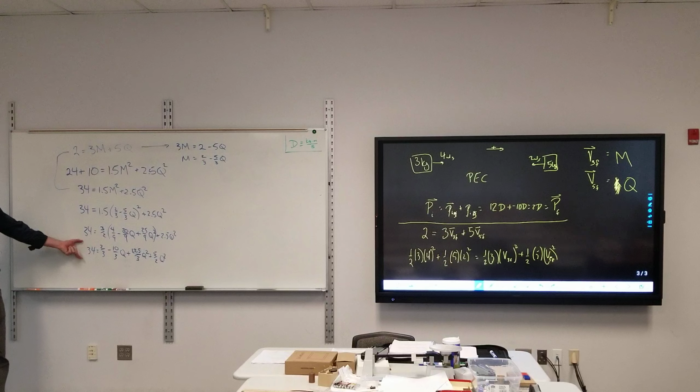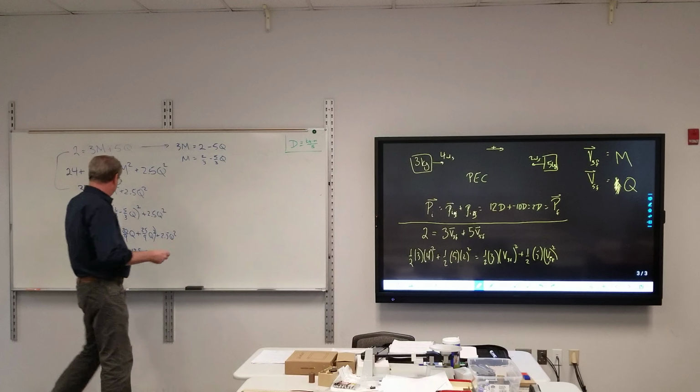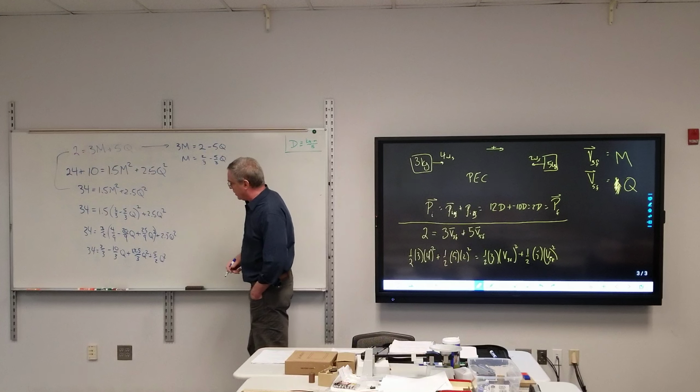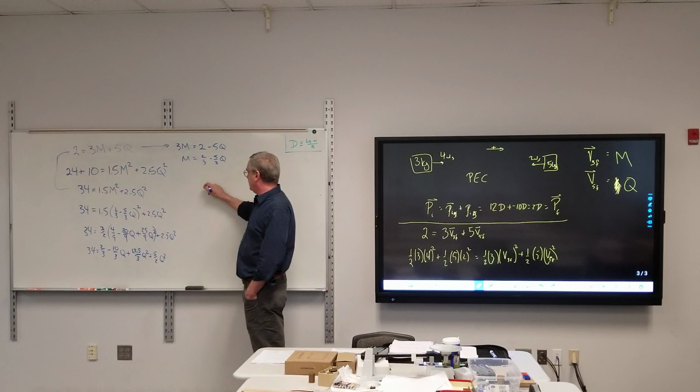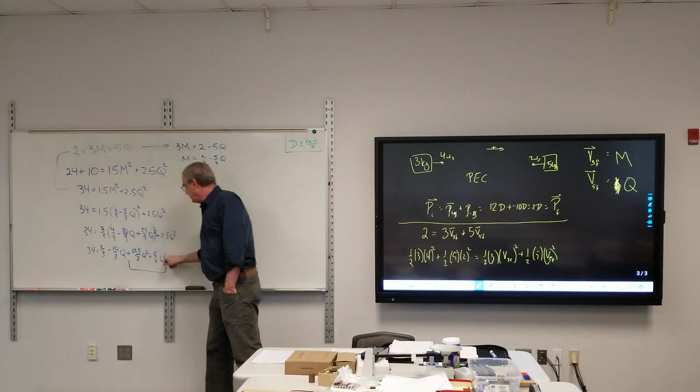Put it in standard form. I'm gonna put it in something q squared plus something q plus something equals 0. So let's add these together.